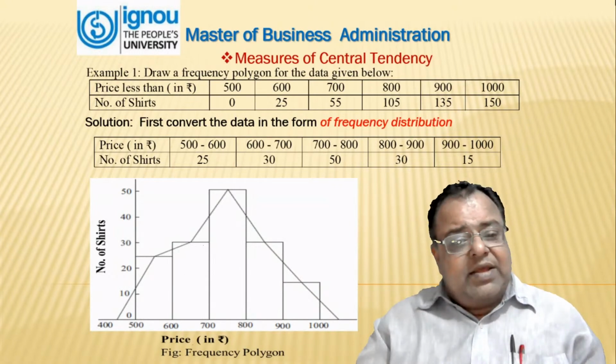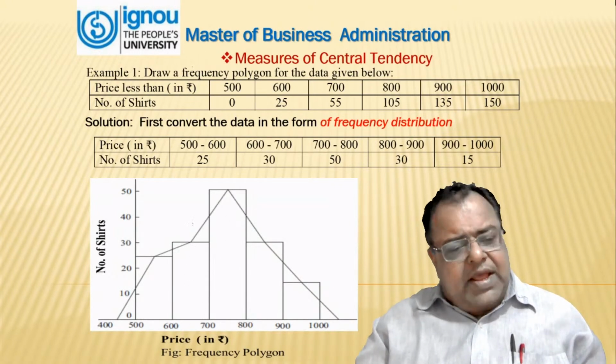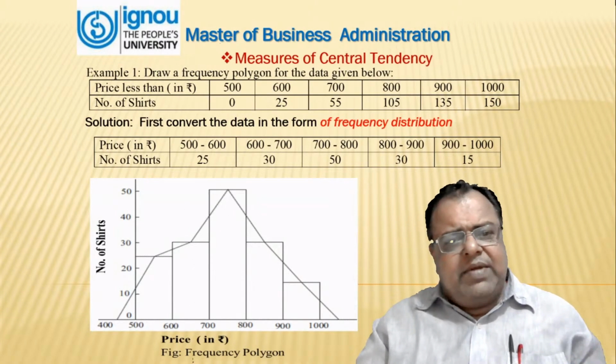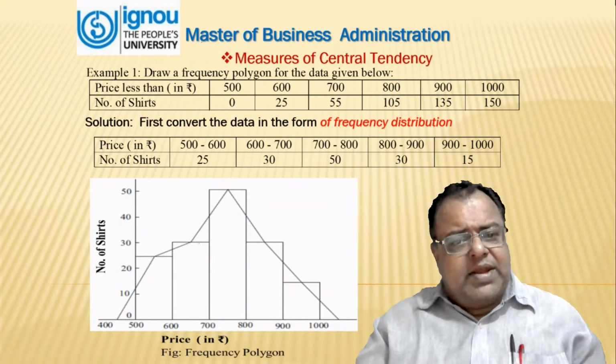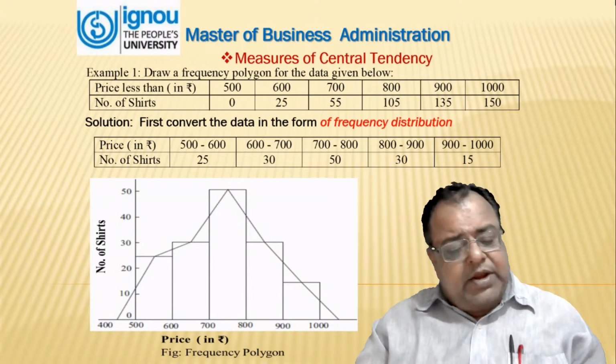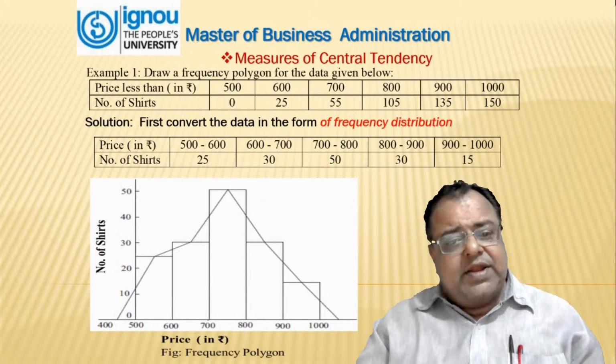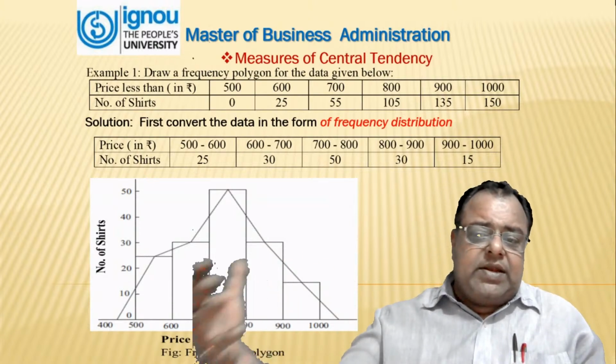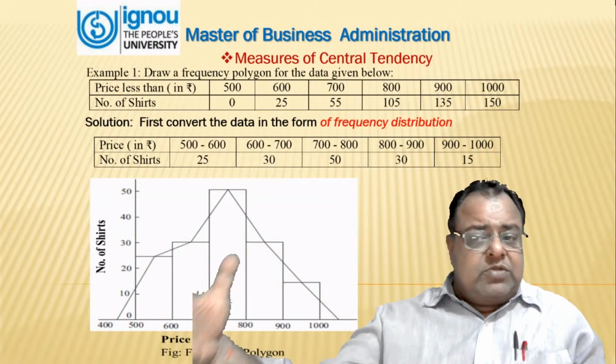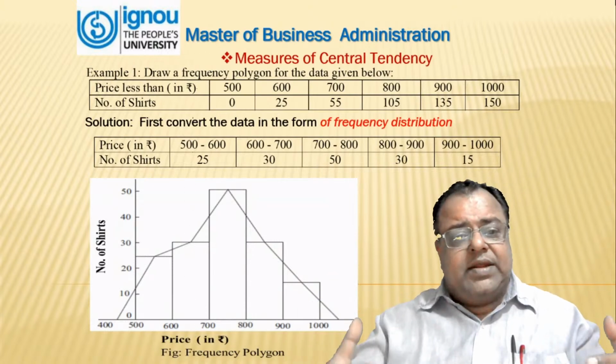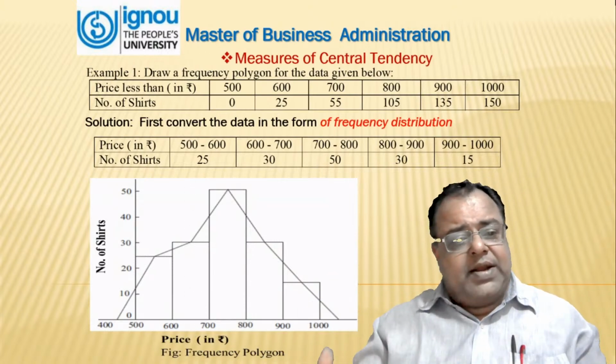We will be deciding on the class intervals. As it was discussed, either it can be in a multiple of 5 or 10 or 100. So here the number is large, so we will be drawing it from 500 to 600, 600 to 700, and till 900 to 1000. You can see that the price part is completed.